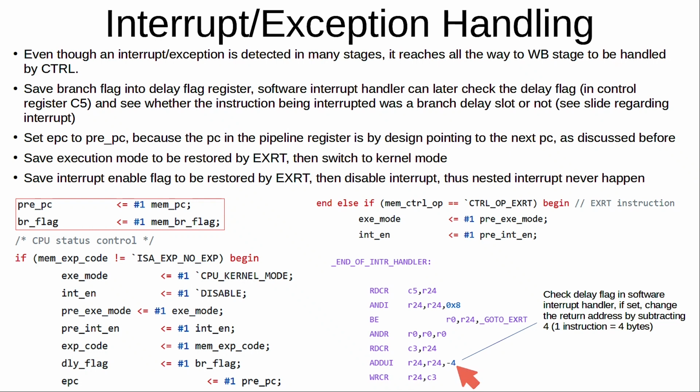The reason we are returning to the branching instruction is because in our hardware, we don't save any branching address that we determine from the branching instruction. As a result, if we simply return back to the branch delay slot, we are actually losing the branching address, which is not a good thing.